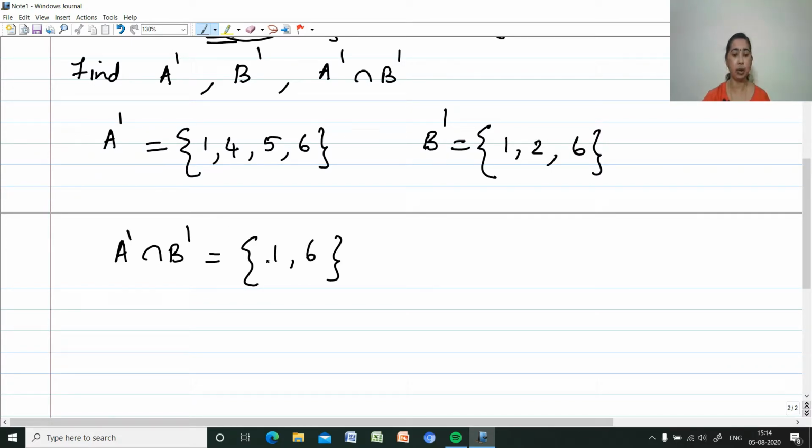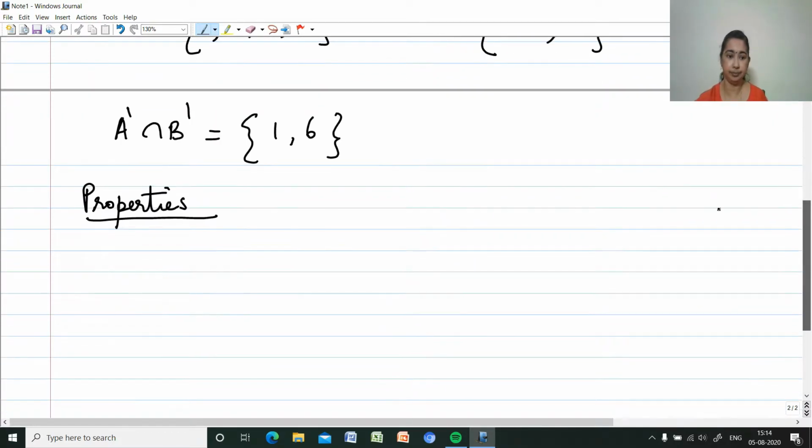Now there are some properties for these complements. We'll discuss those properties. First one is the complement laws.